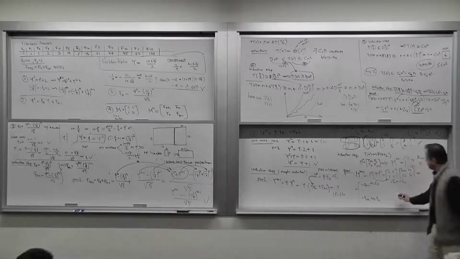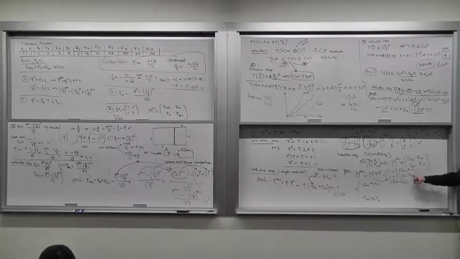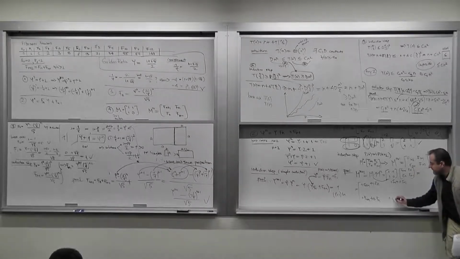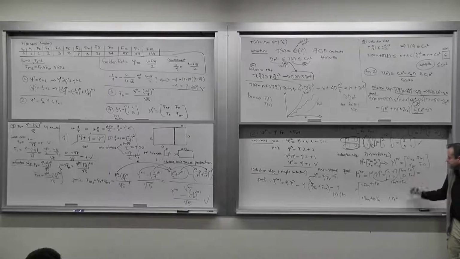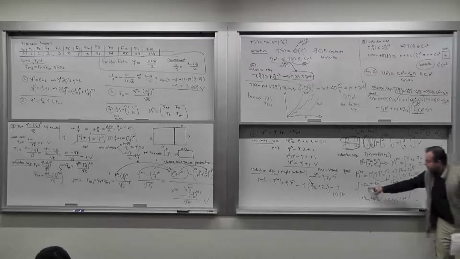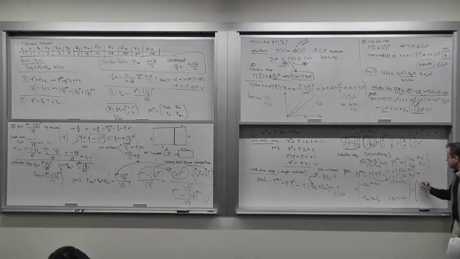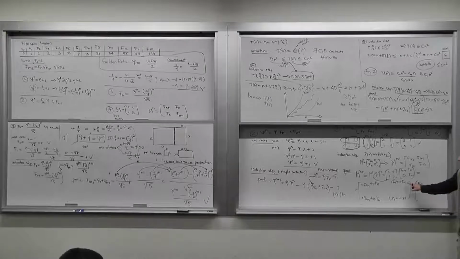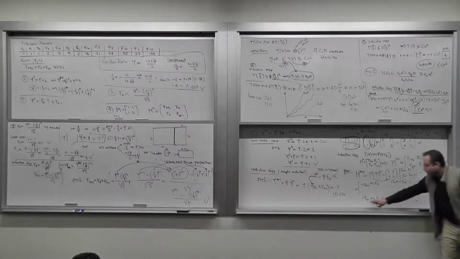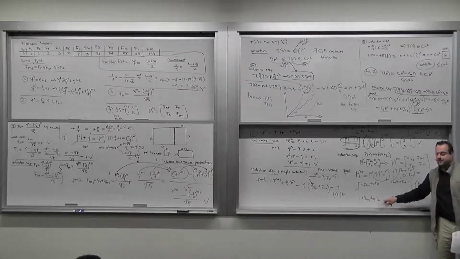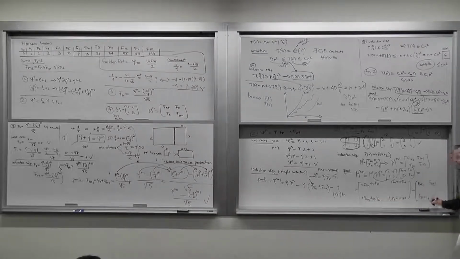And the last one, 1, 0 times the last column: 1 times F(n) plus 0 times F(n-1). So who's this? F(n+1) plus F(n) is F(n+2). F(n) plus F(n-1) is F(n+1). 1 times F(n+1) plus 0 is just F(n+1), and 1 times F(n) plus 0 is F(n). Works?